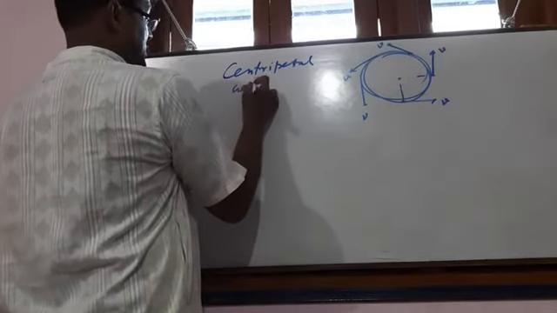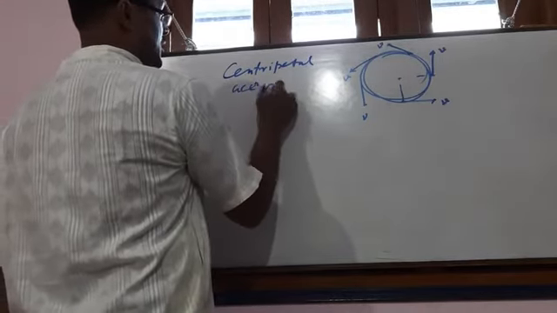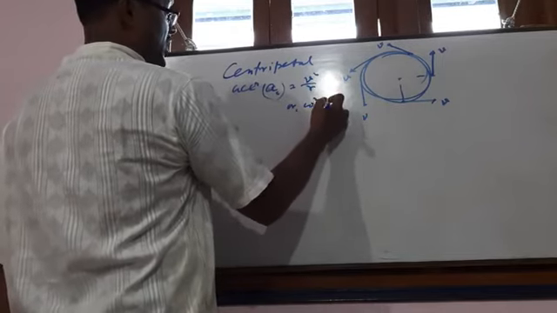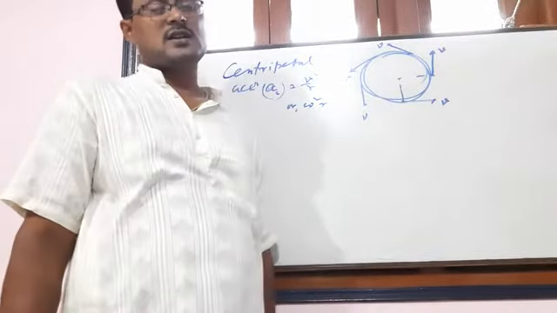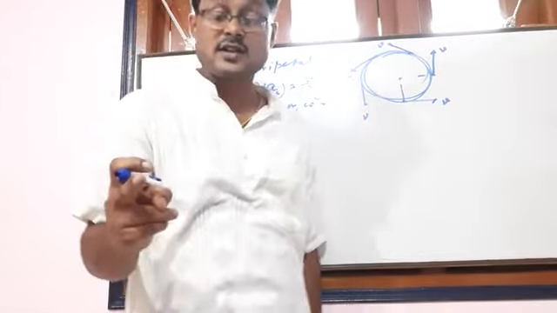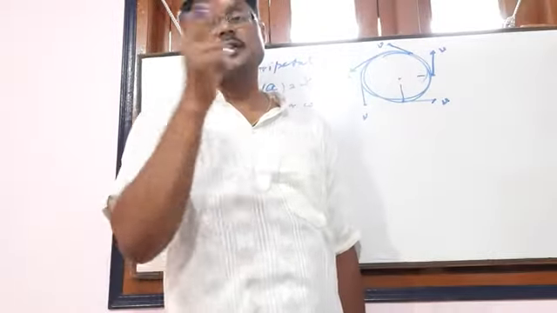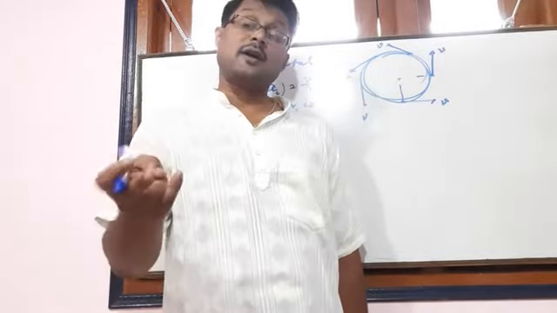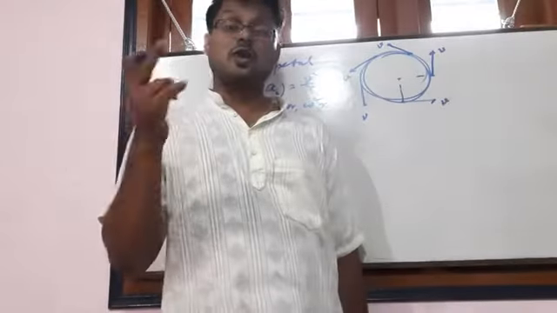Centripetal acceleration a_c = v square by r, or you can say omega square r. This is the expression for centripetal acceleration. This acceleration is generated due to change of direction of the linear velocity, because whenever a particle performs circular motion, its direction of linear velocity always changes.